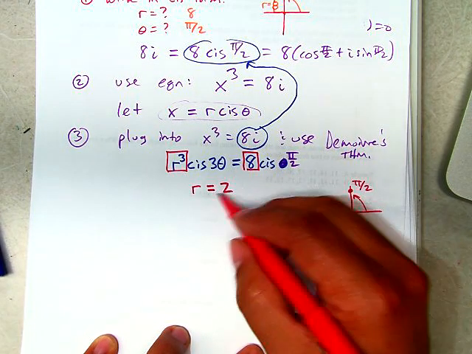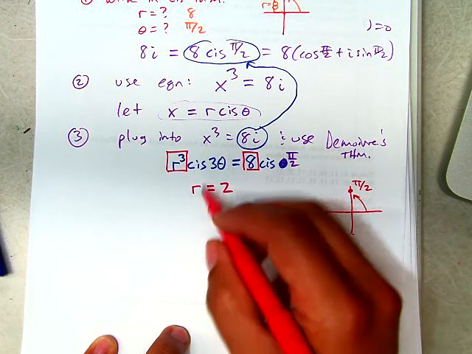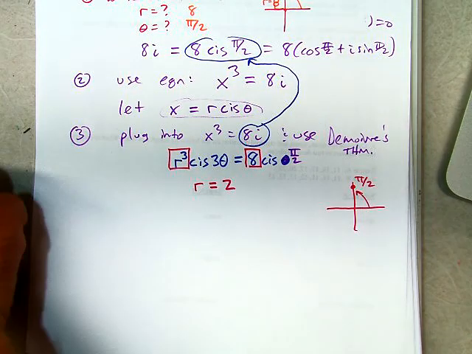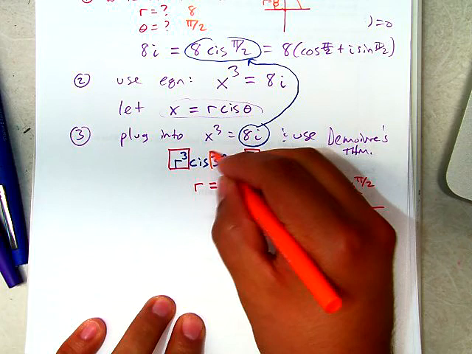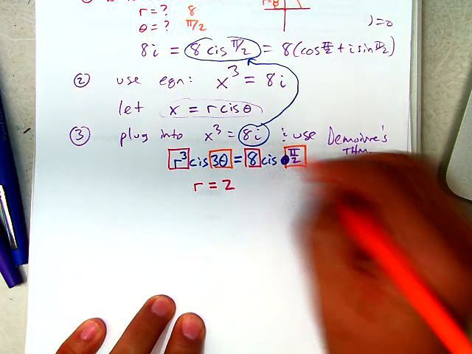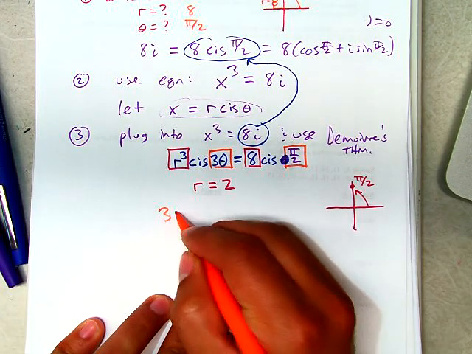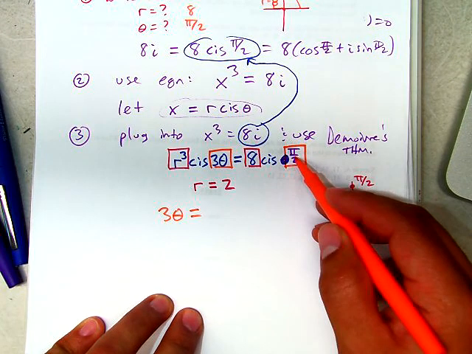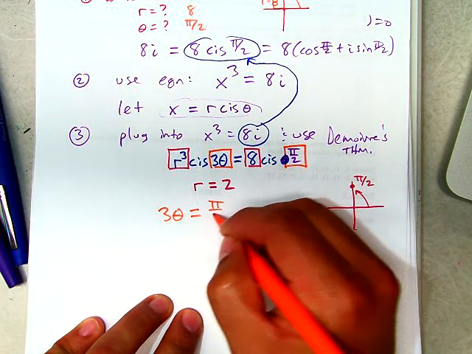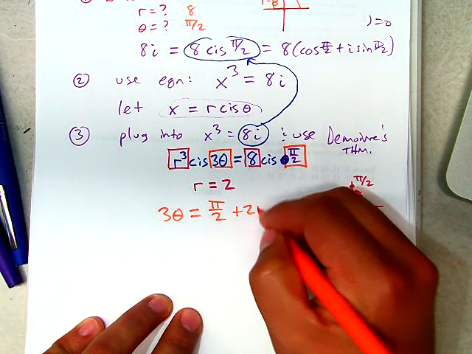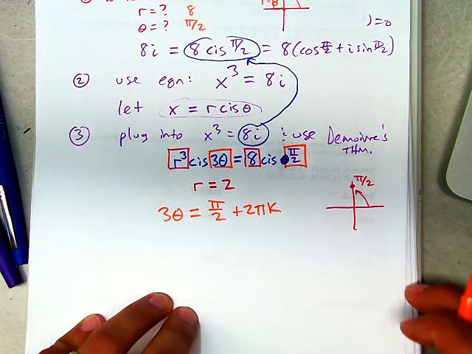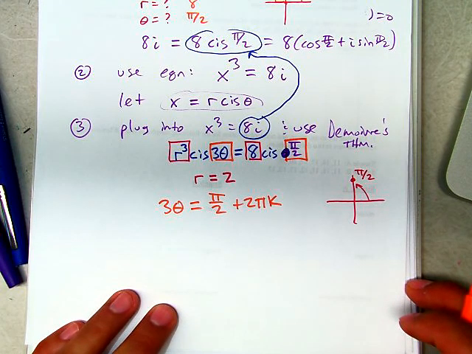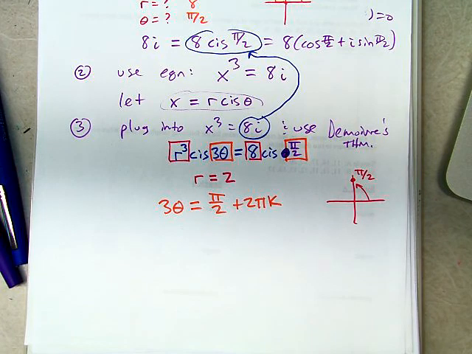So what we're going to say is r is going to equal 2. And this 3 theta has to match up with this angle, pi over 2, or really, any angle that ends up landing in the same spot. So that was the hard part right there.